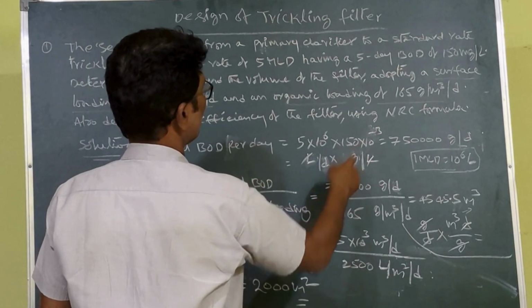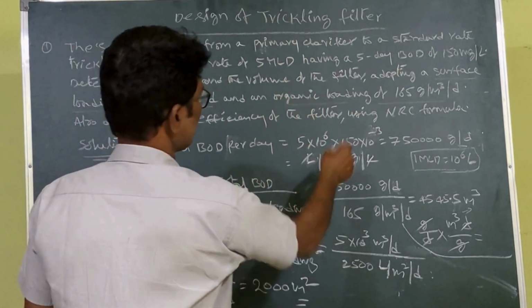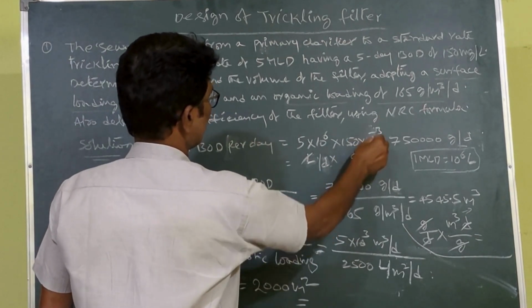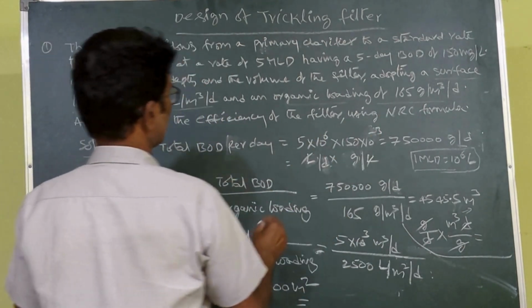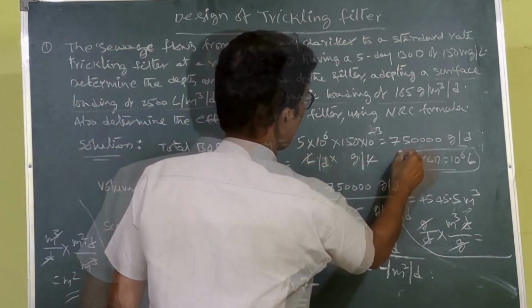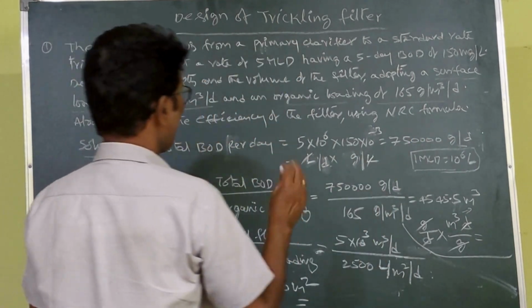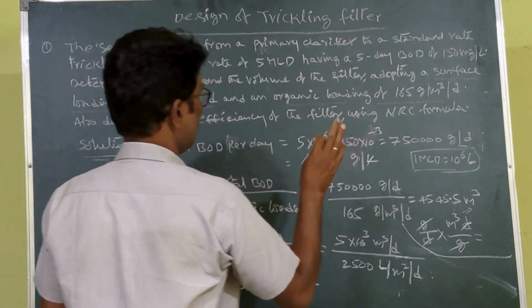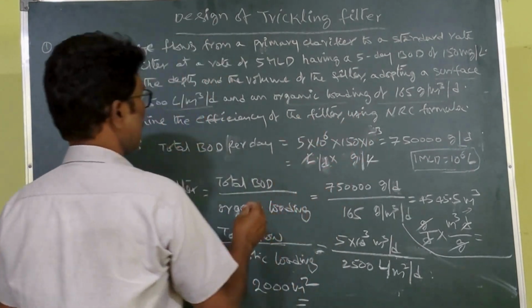BOD equal to 150 mg per liter, which is converted into 150 gram per meter cube, so 10 to the power of minus 3 comes into the picture. If you simplify this, you get 7,50,000 gram per day BOD. Total BOD per day is 7,50,000 gram per day.